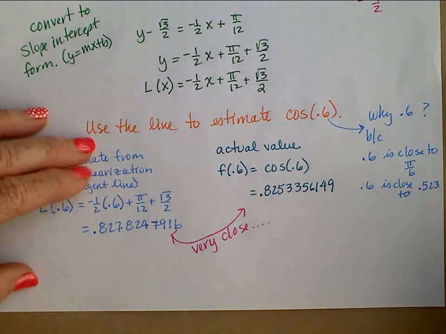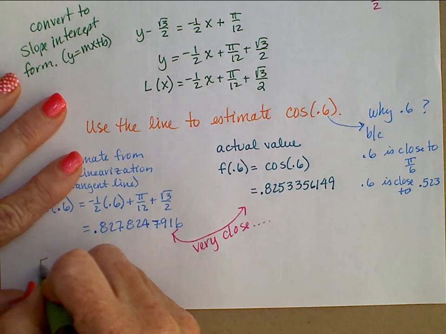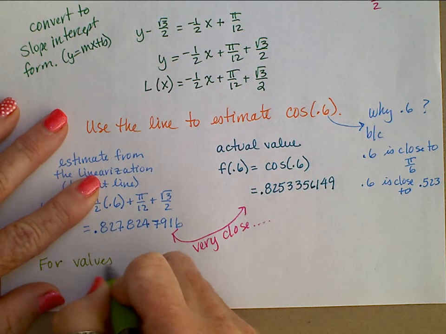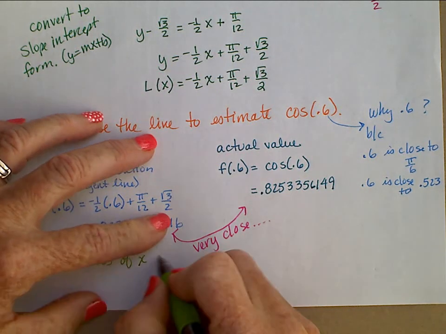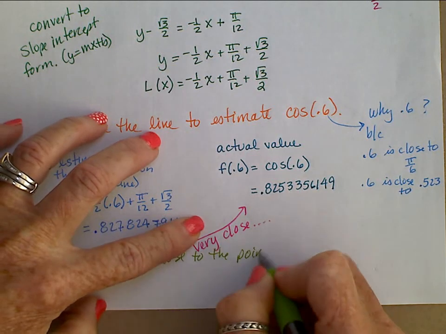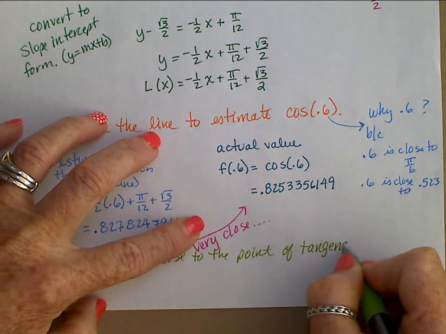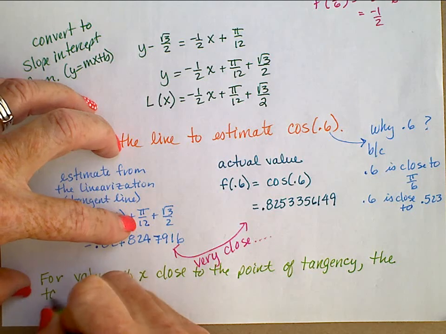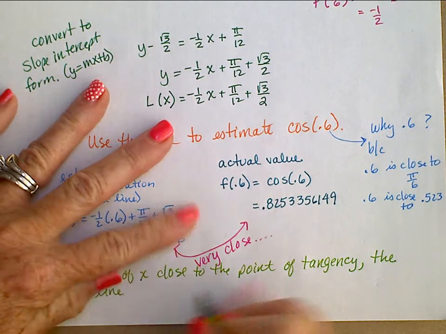In a nutshell, coming out of all of this work today says, for values of x close to the point of tangency, the tangent line very closely approximates the function values.